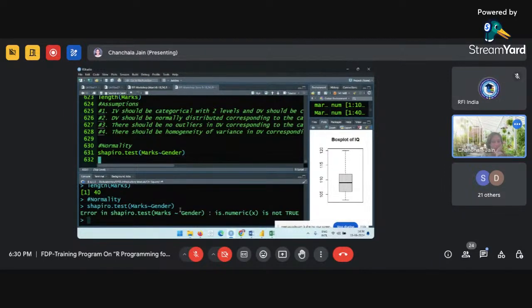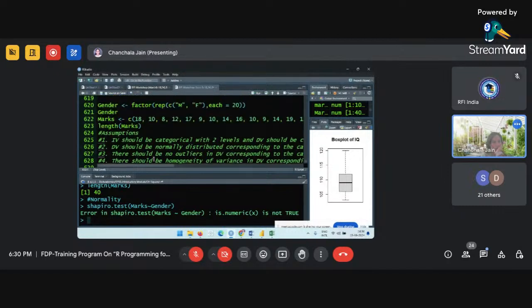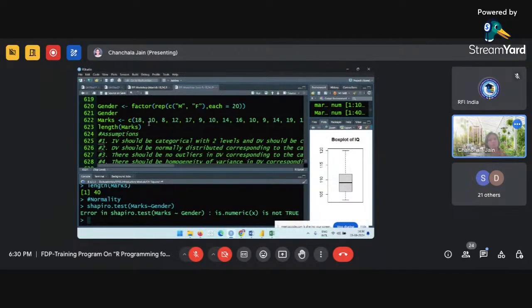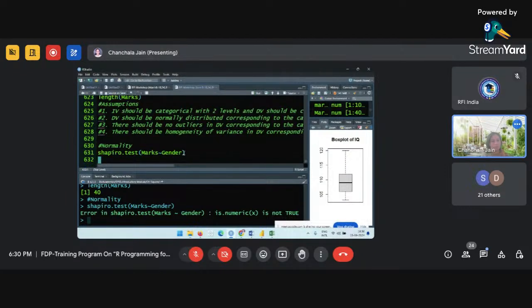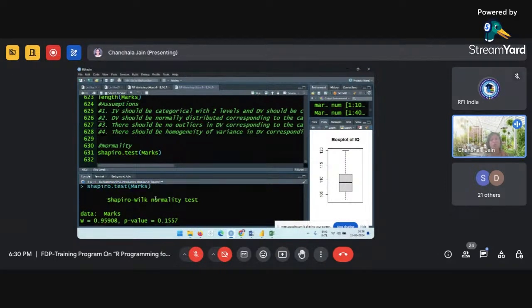What is the problem? Marks is not numeric. Sorry, fine, it is clear. We will not use the tilde here. Everyone, please try whether it is working in your case or not: tilde and gender.